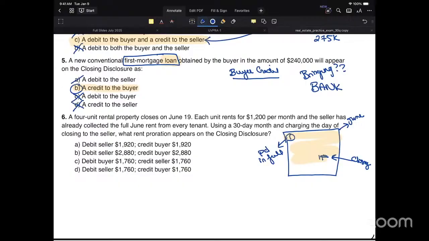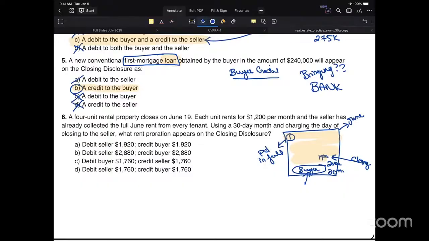But between the 20th and the 30th of the month, all of this right here, that should be going to the new owner or the buyer. The seller keeps the monies from the 1st to the 19th because the seller's getting the day of closing. We know that.